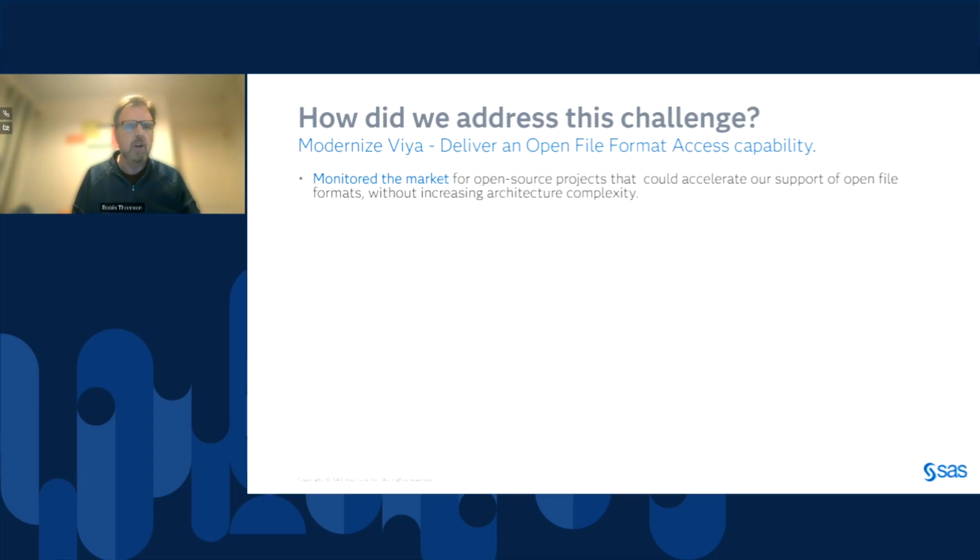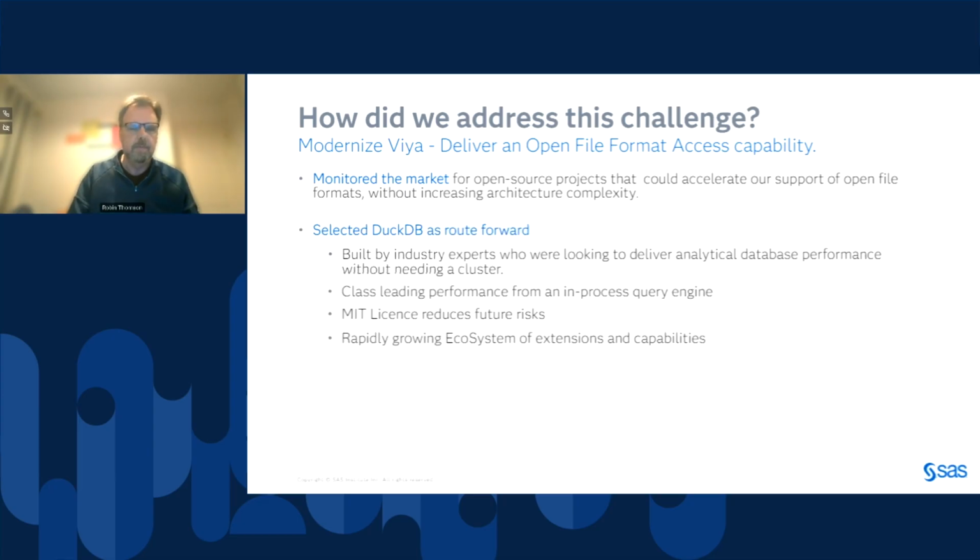So we've been looking at lots of different elements, things like DuckDB, also things like Trino and other technologies, where could we embed that to deliver the capabilities that we're seeing within the open format. Looking at all of that, DuckDB has been a really interesting one.